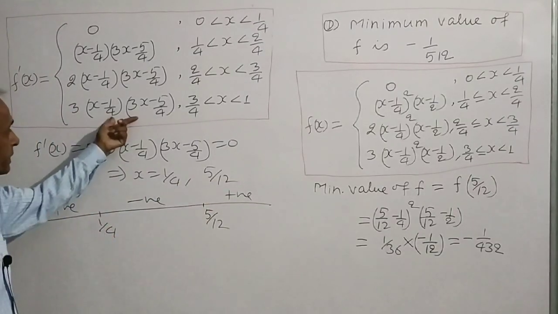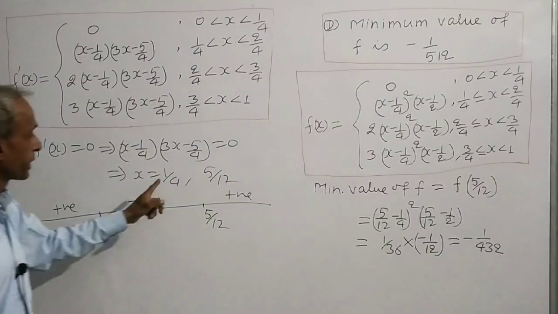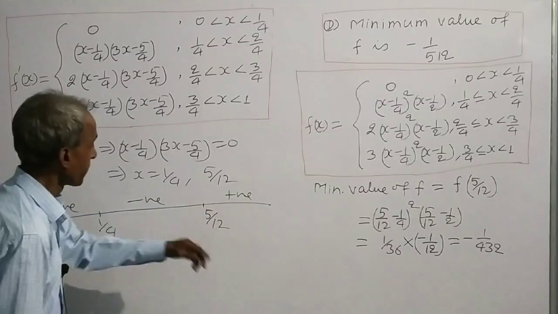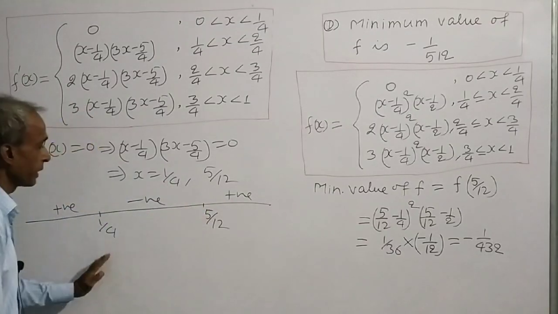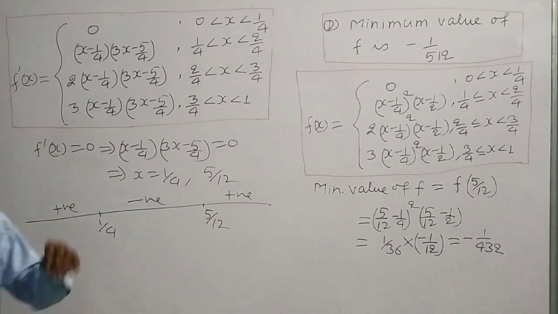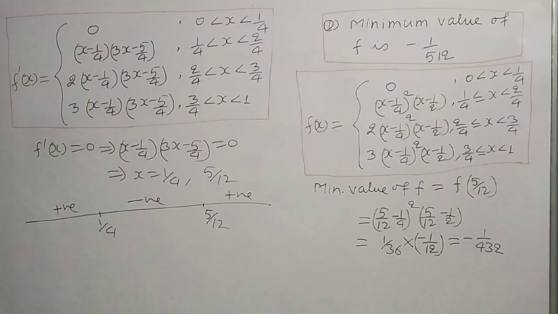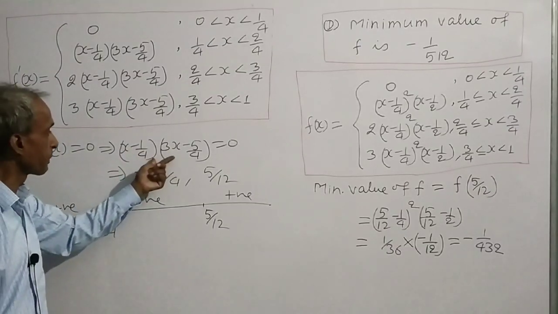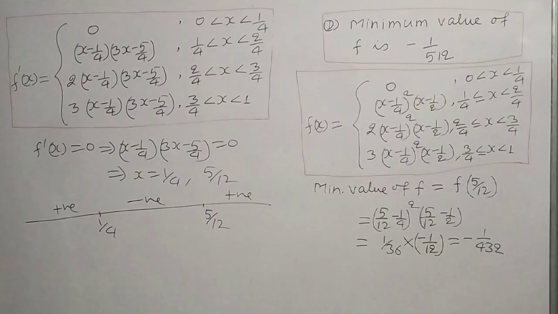When we write this equal to 0, then also we get these 2 values. On the number line, we write these numbers in order. Put any real number from the interval on the left side of 1/4. When we put 0 in place of x, we see that this expression becomes positive.